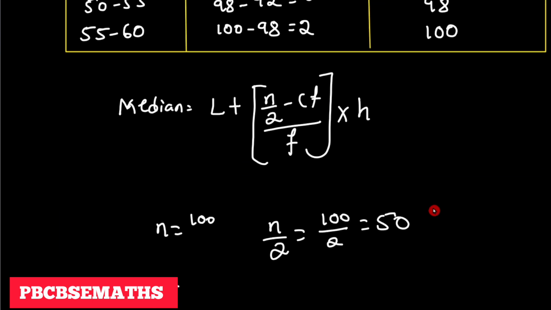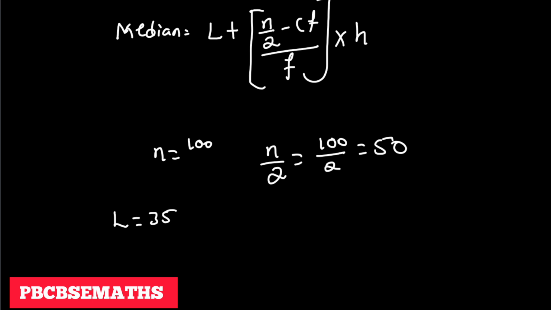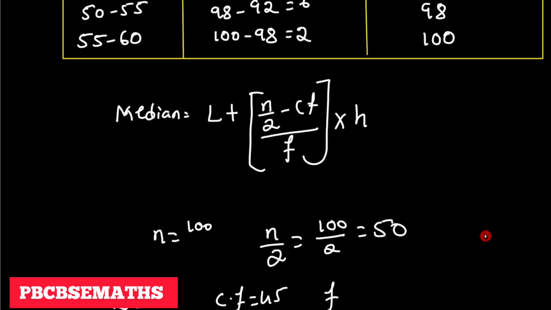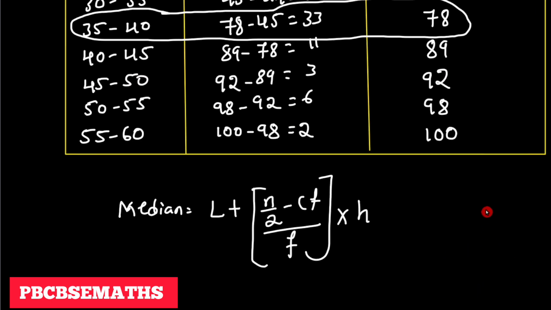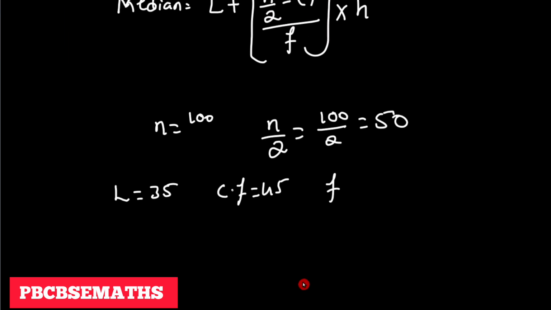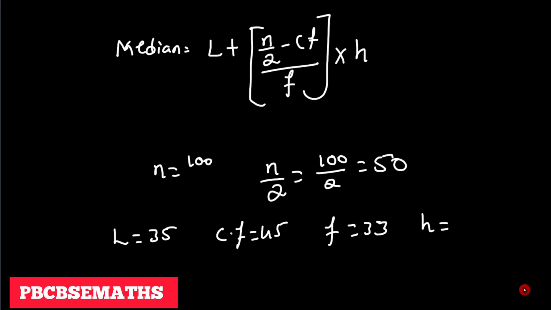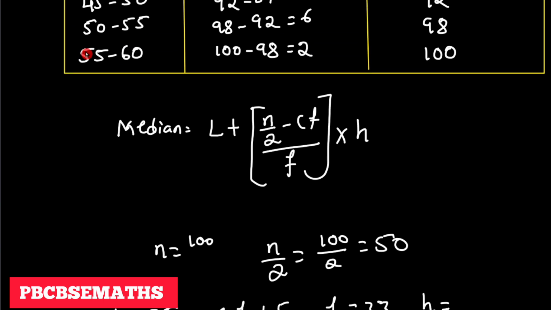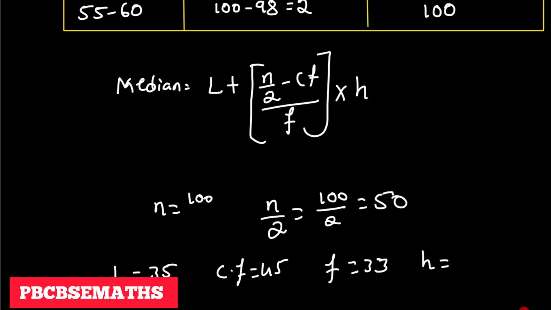So let's write that: CF is equal to 45. Then f means the frequency of the median class, which is going to be our 33. So let's write that, 33. At last, the h value, that is class width, that is the difference between upper limit and lower limit, which is 5. So let's write that also.